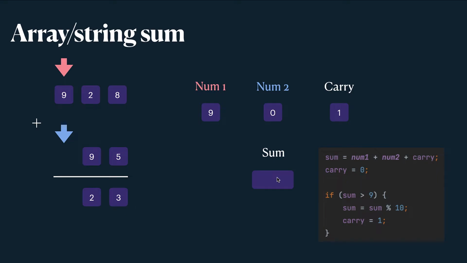So it will be 9 plus 0 plus 1, and it will be 10. Then we set the carry to 0. And now we need to think what to place here. So basically, we are placing a new digit. I will just copy that, which is 0.